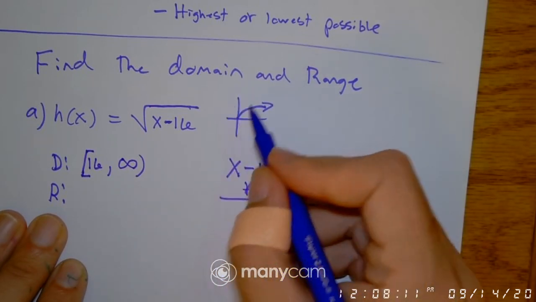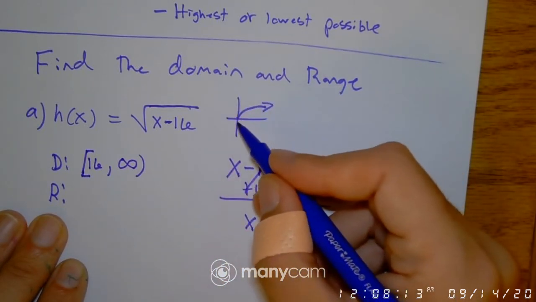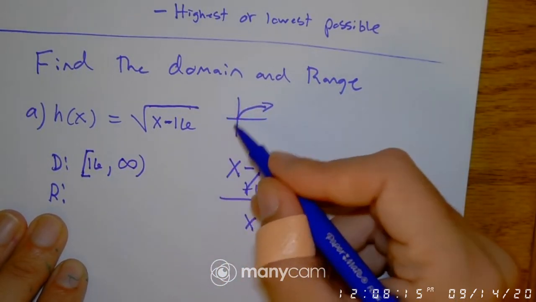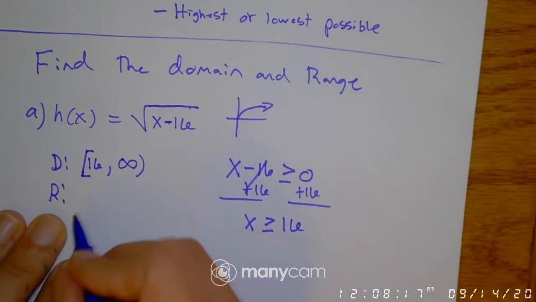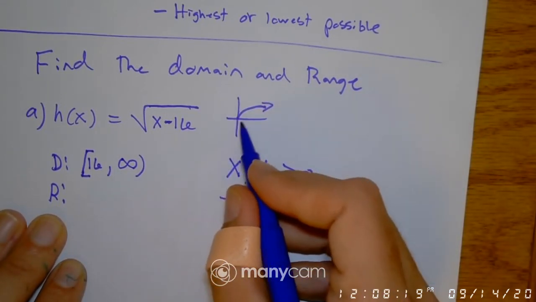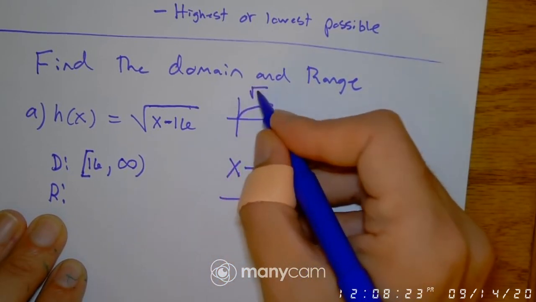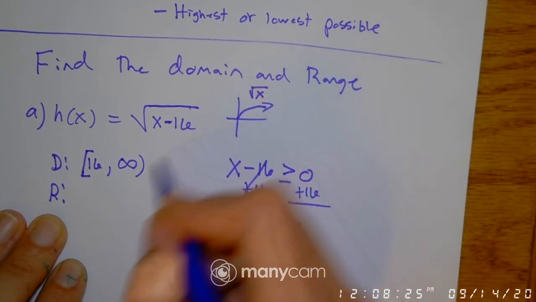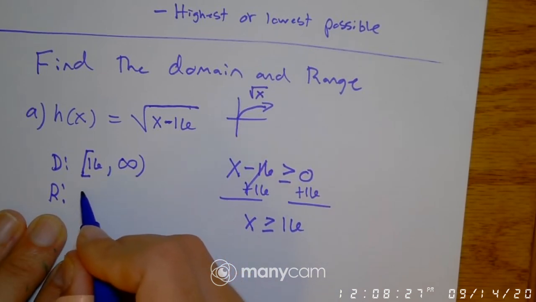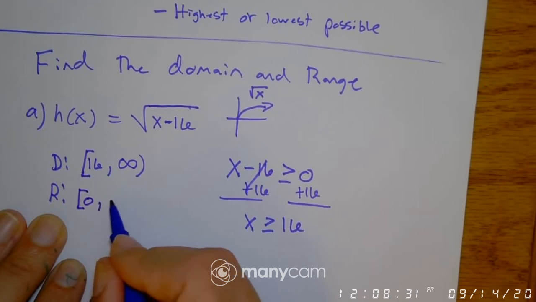Okay, and then range, what's the lowest our range can be? It doesn't look like anything's going to be negative, so I want only positives. So I'm going to say, can it be 0? Yeah, square root of 0 is going to be 0, right? And then remember, guys, this is just square root of x, right? This is just a sketch, it's not this. So then I know that it can equal 0, and then it's going to go up.